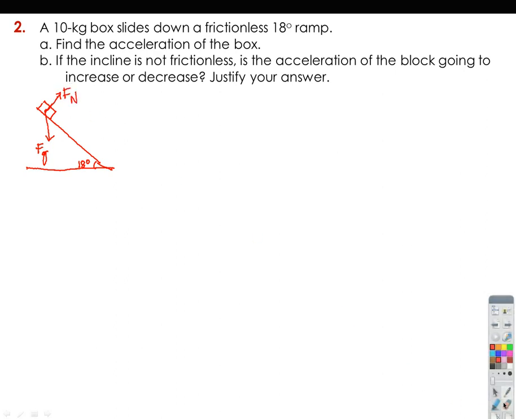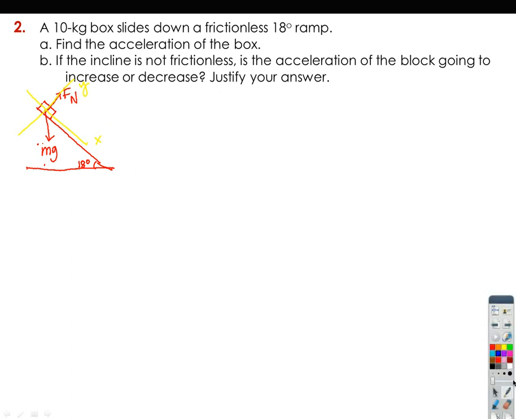Okay, again, I'm always forgetting. Let us change our Fg to mg. Okay, then choose your x and y axis. We're gonna choose that this is our x-axis and this is our y-axis.